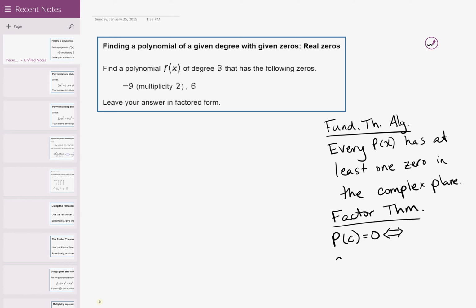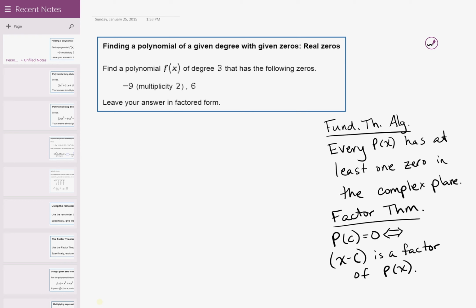If and only if x minus c is a factor of P. And when we take the two of those together, what it means is that every polynomial can be factored into linear factors of x minus the zeros.